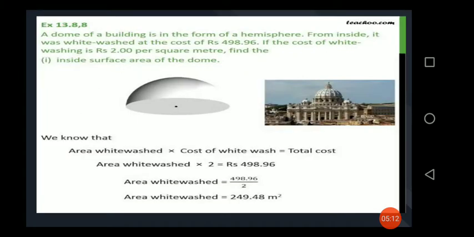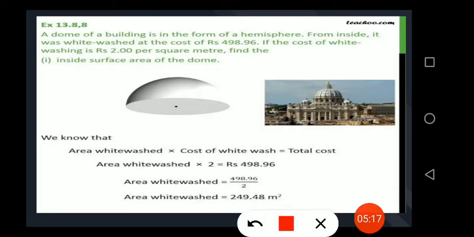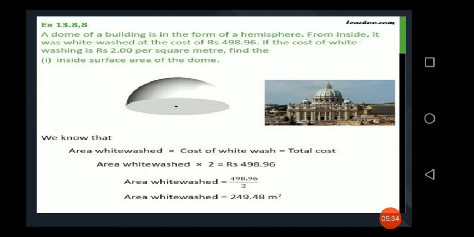A dome of a building is in the form of a hemisphere. From inside it was whitewashed at the cost of rupees 498.96, and the cost of whitewashing is rupees 2 per square meter, and we have to find out the inside surface area.